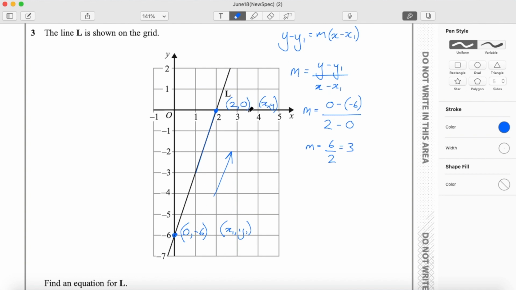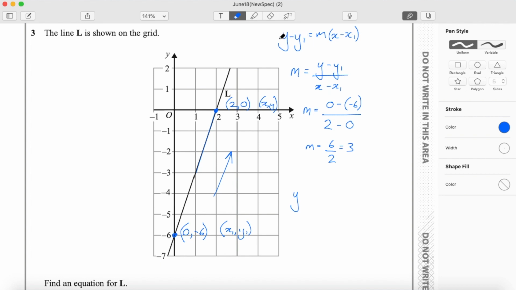I'm going to choose this one to plug into this half of our tool, only because it's positive numbers being chosen. So y minus y1. Now y and x here have no bearing on the chosen point. All this equation means is any point on the line (x1, y1).